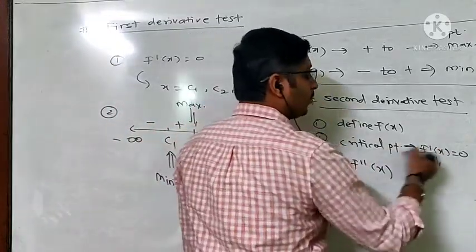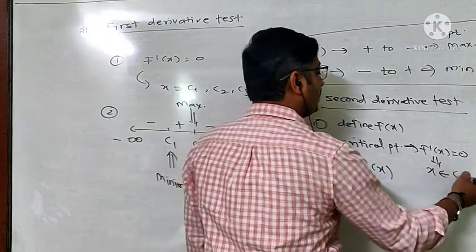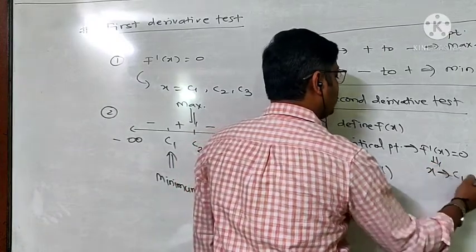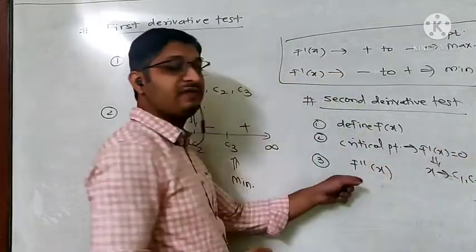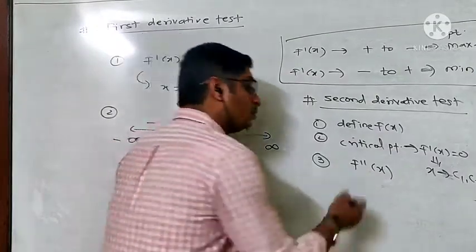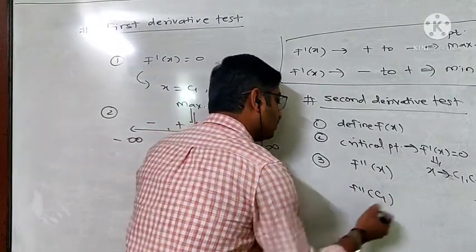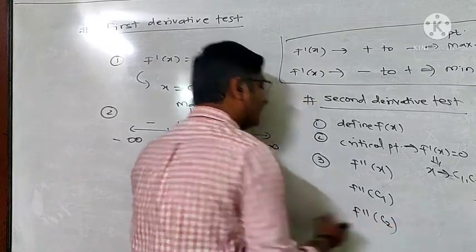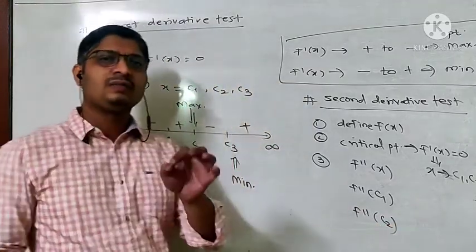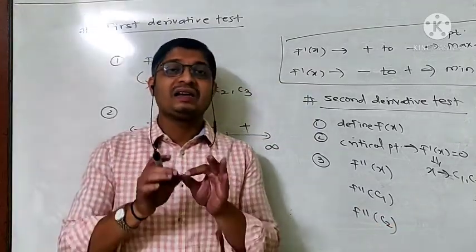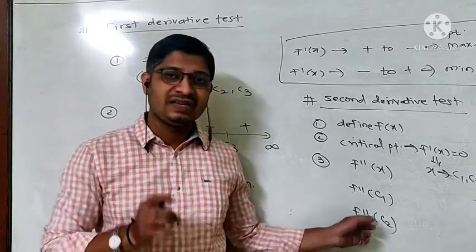Suppose from the critical points we have obtained two critical points, C1 and C2. After finding the second derivative, we put those values into it. Here, the technique to remember is very easy.